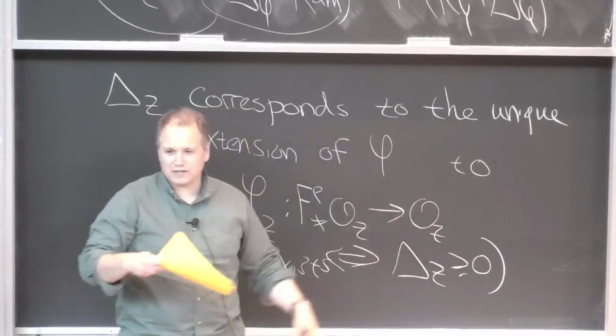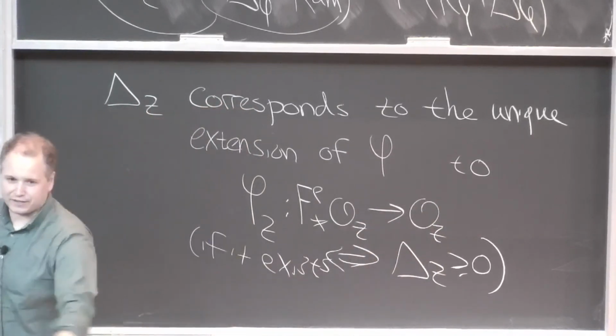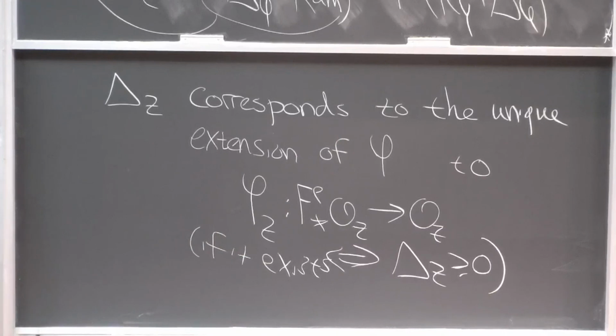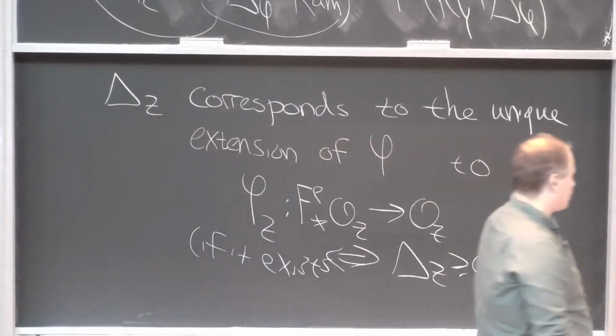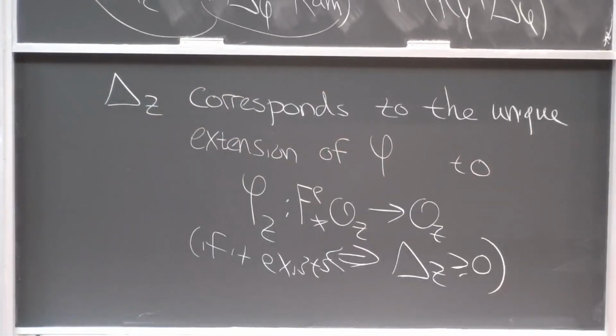You just have to view it as then you'd have a non-effective divisor. If you want to go in that direction, that's okay. But the point I'm trying to make here is that this extension of Frobenius splittings does correspond to this extension of varieties here. It's very explicit in the finite map.